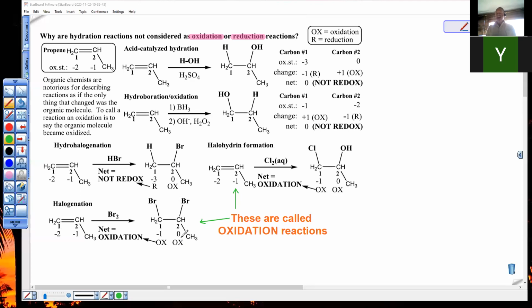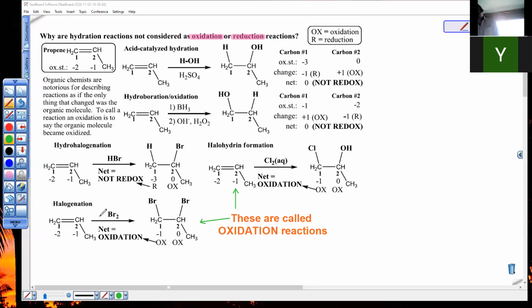They say you can't have an oxidation without a reduction, and they're right. But us organic chemists, we're notorious. In fact, it even says right here, we're notorious for describing what happens only to our organic molecule. In my organic molecule, both the carbons got oxidized, so I call this an oxidation reaction.